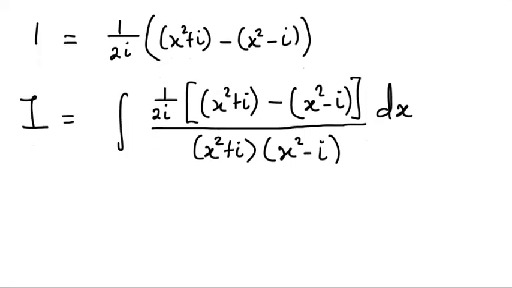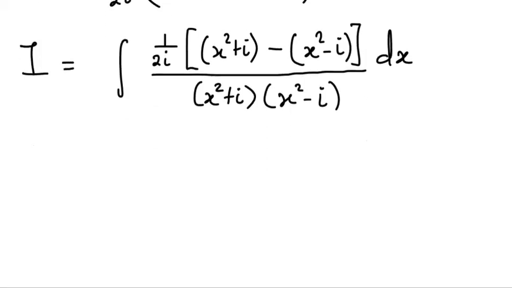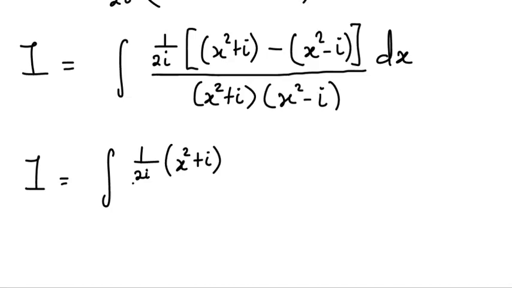Now we're going to split the denominator. So I is equal to, splitting the denominator, the integral of 1 divided by 2i multiplied by x squared plus i, then divided by x squared plus i multiplied by x squared minus i.